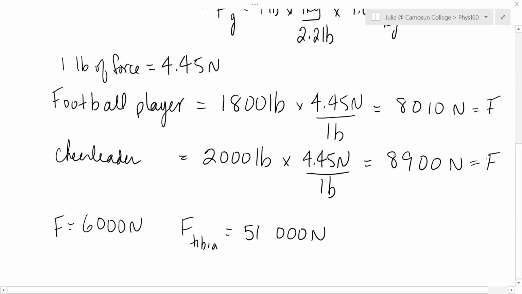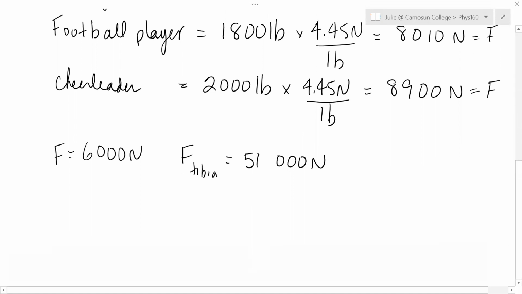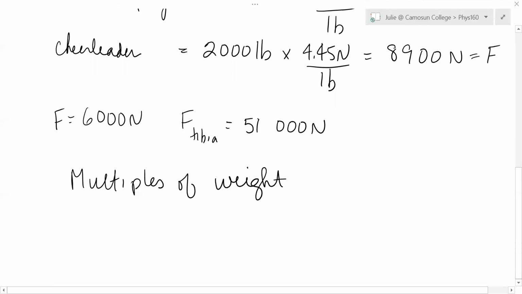So it's important to quantify these two forces a little bit more to see what kind of damage they do to your body. One common factor that people calculate is the multiples of your weight. So let's look at how many multiples of the weight of the person these forces are. Remember, you feel 1 times your weight just standing there. So how many multiples for these?